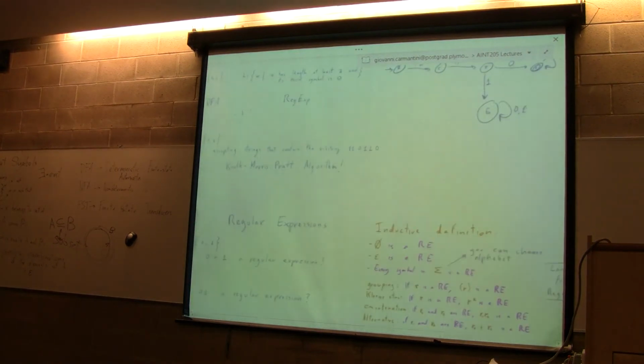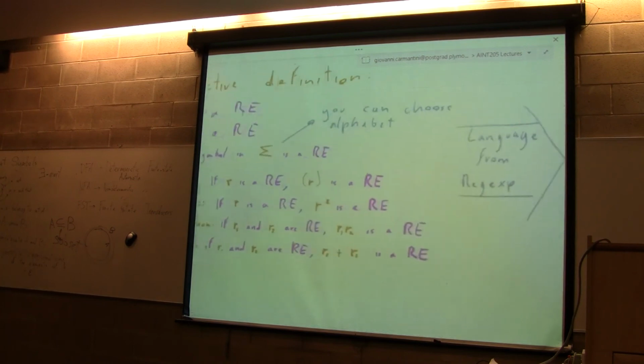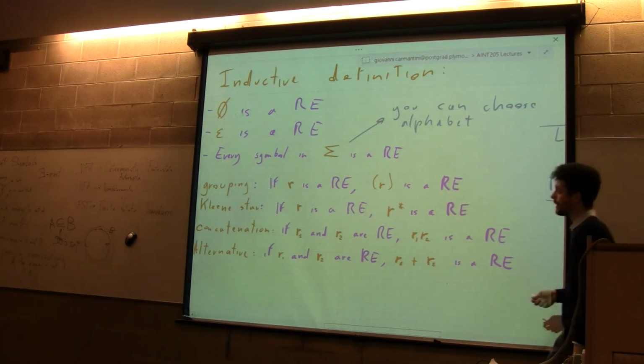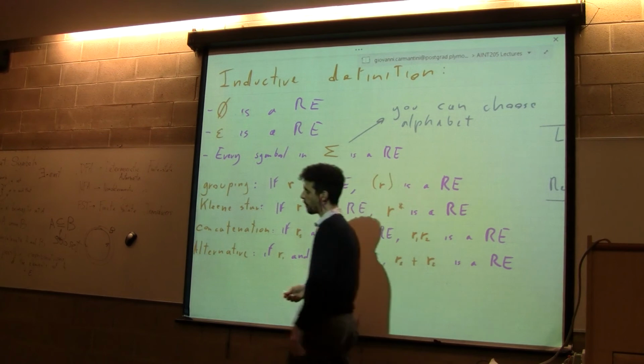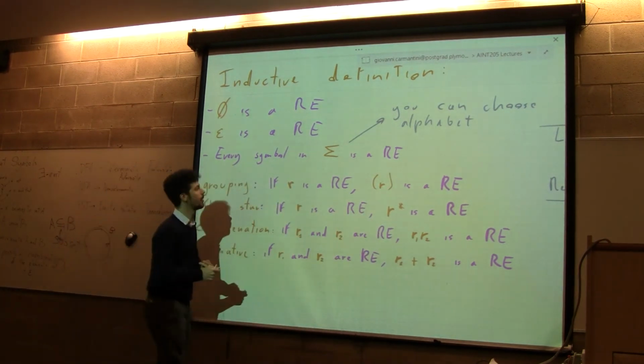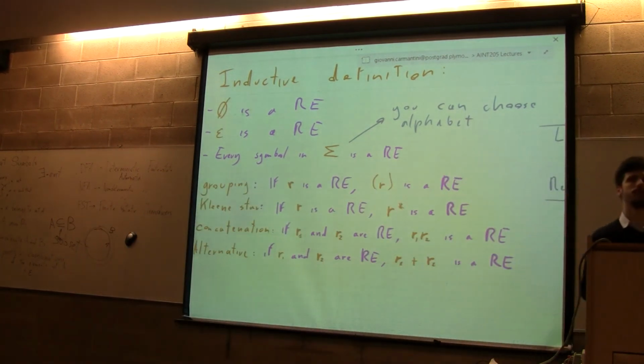Okay, first, I want to remind you what a regular expression is. You have an inductive definition. Basically, what you need to know is that you really need the inductive definition.